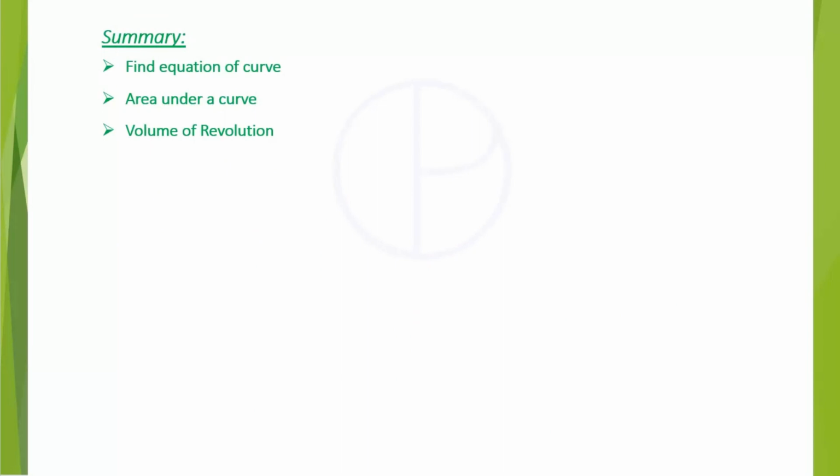So under integration, we have seen how to find the equation of a curve, area under a curve, and volume of revolution. Around 8 to 11 marks of questions will be asked in your paper 1, in 1 or 2 questions, and finding the equation of the curve and finding the area or the volume will be asked.